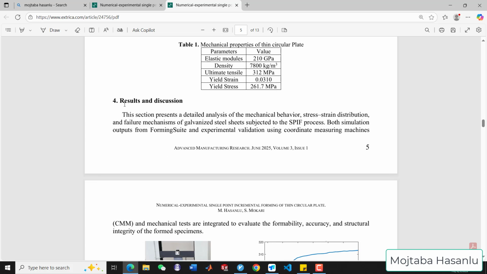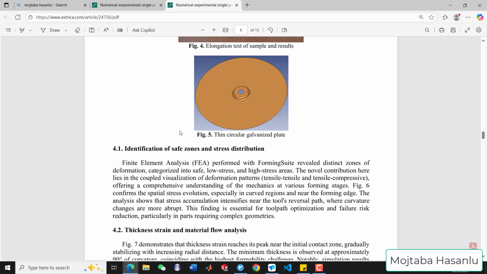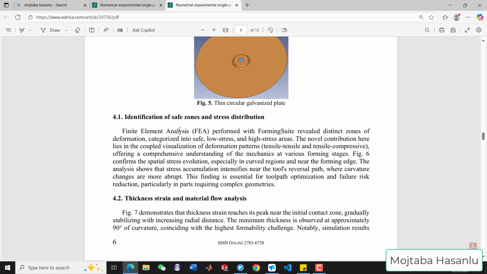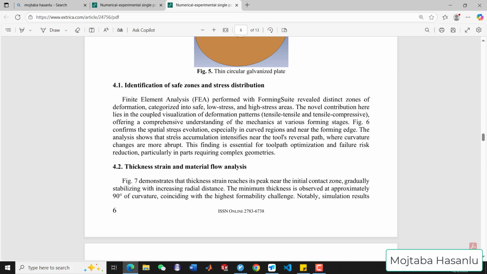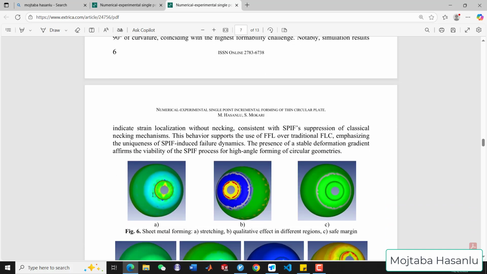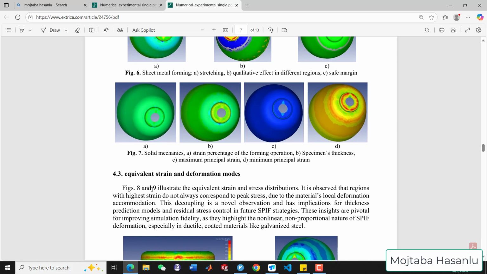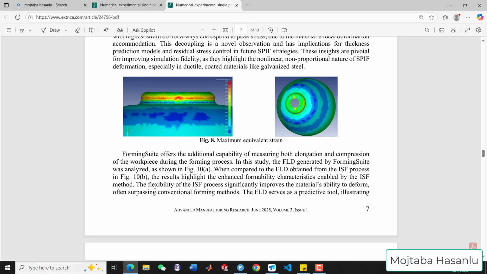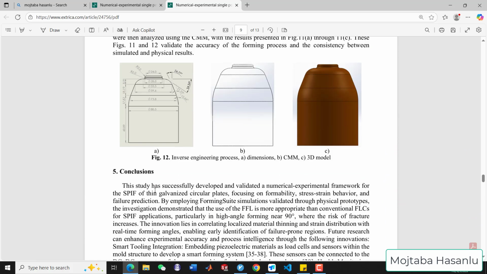Finally, after methodology, you must start to talk about the result and discussion. So clearly, in the result and discussion, you have subparts. For example, 4.1, 4.2, and the next subparts.